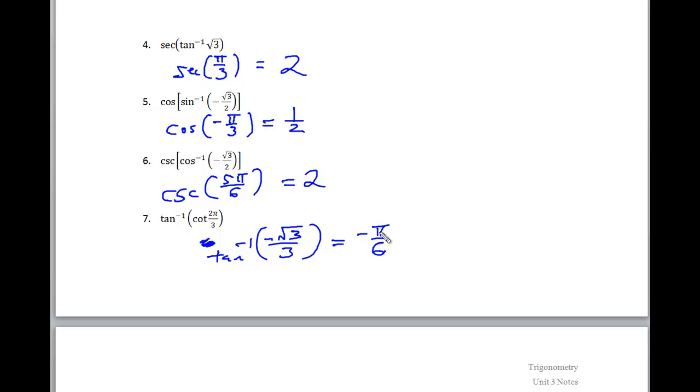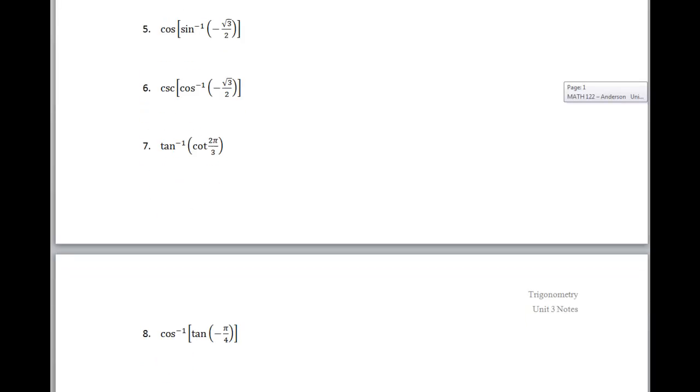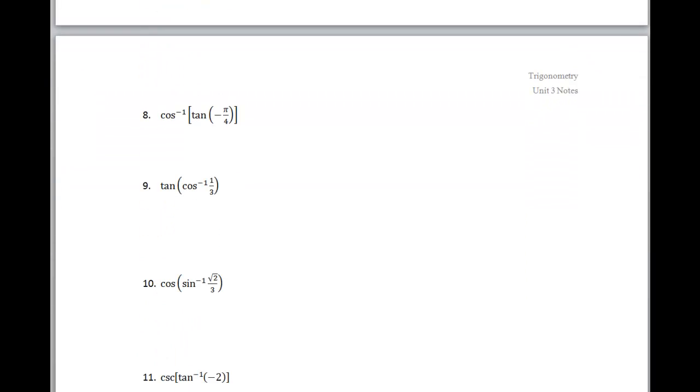And I think, unfortunately for us, we may only have one more problem before we have to bust out the Pythagorean theorem. So here is problem 8, and then I'm going to move it out of the way once I get it finished. So problem 8 is looking at the tangent at this angle, negative pi over 4, which is in the fourth quadrant here, or 7 pi over 4 if you're looking at it that way.